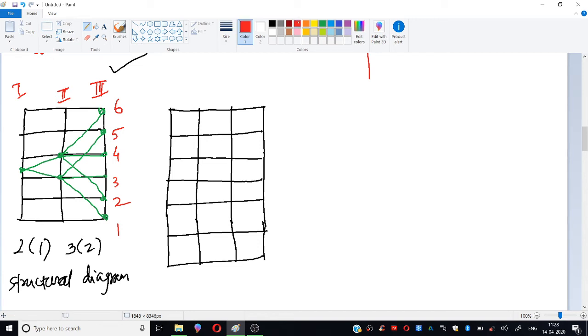So we have drawn in total 7 horizontal lines and 4 vertical lines. So we will name it: this is speed 1, or we will write n1, this is n2, this is n3, this is n4, this is n5, this is n6, and the remaining part we will keep for later.